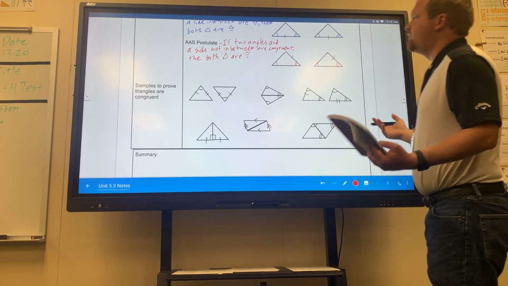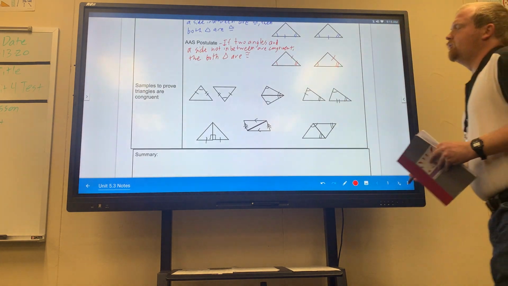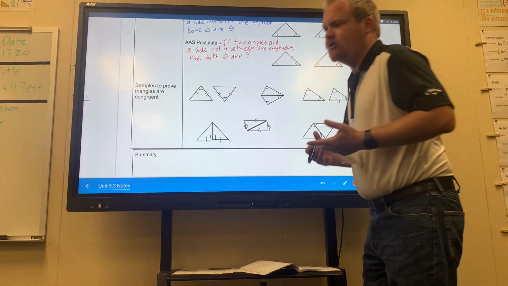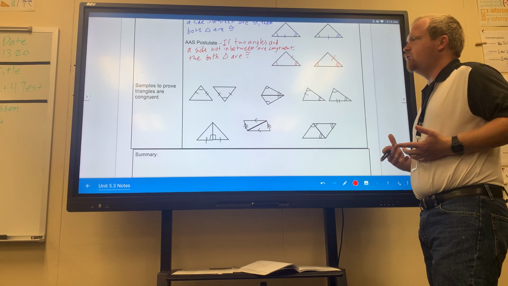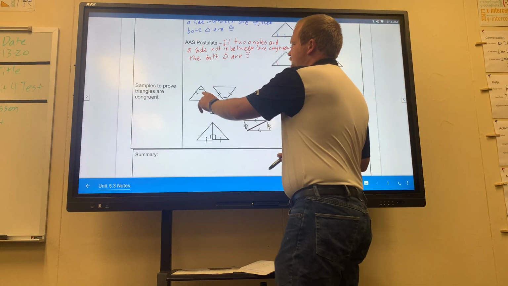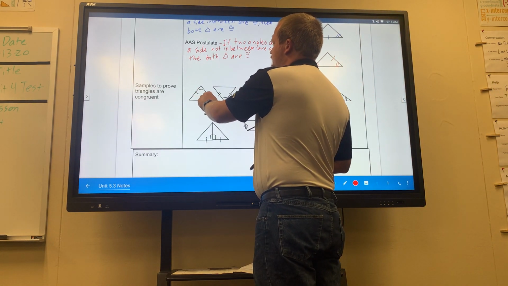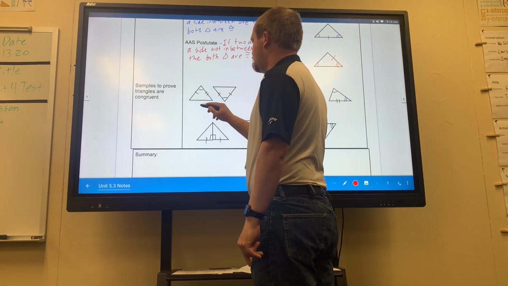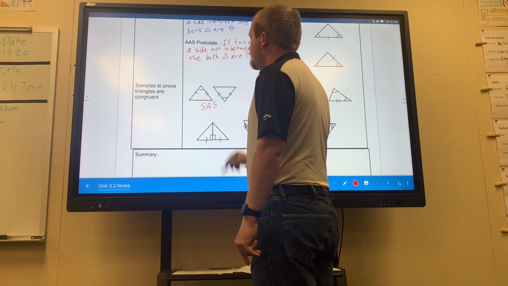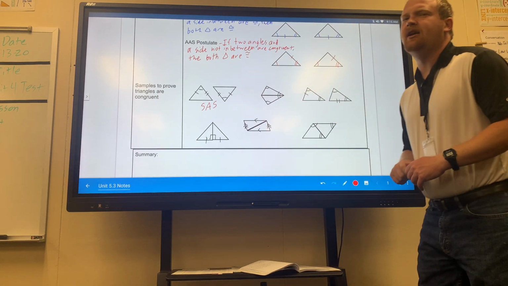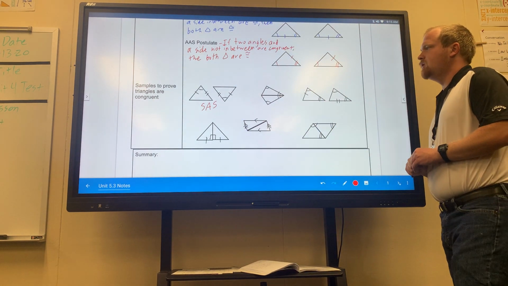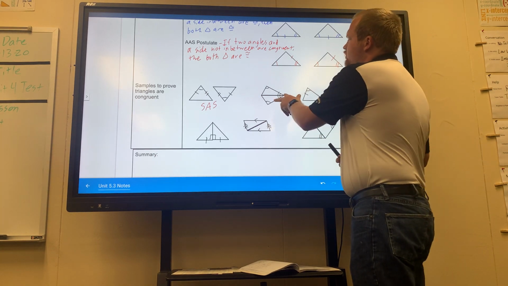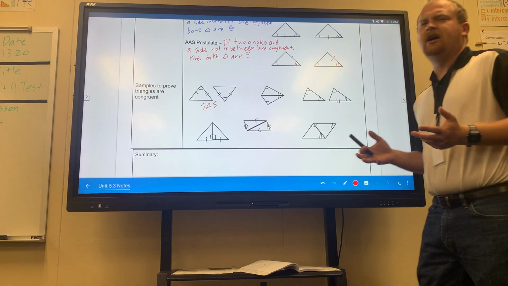So let's try a couple of examples real quick. So, examples to prove triangles are congruent. I want to be able to know which triangles are congruent. Well, if I have angle, side, and then I have side, angle, side, these are congruent because of side, angle, side. Now, this one's going to be a little bit tricky because I'm given two congruent angles, but I don't get congruent sides.